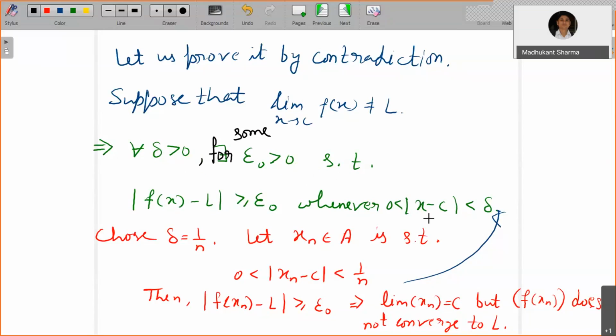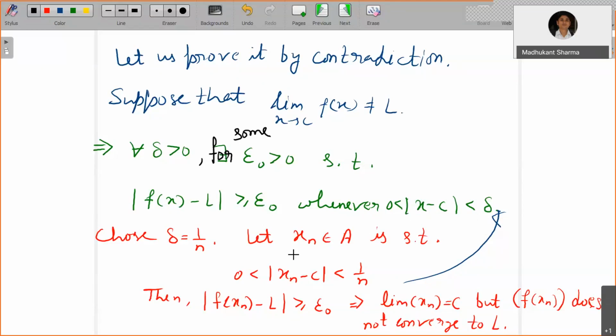Now you create a sequence xn in A. Because this is true for every delta greater than 0, we are going to choose delta equal to 1 by n. Then you choose xn in A satisfying this, so 0 is less than mod xn minus c less than delta.